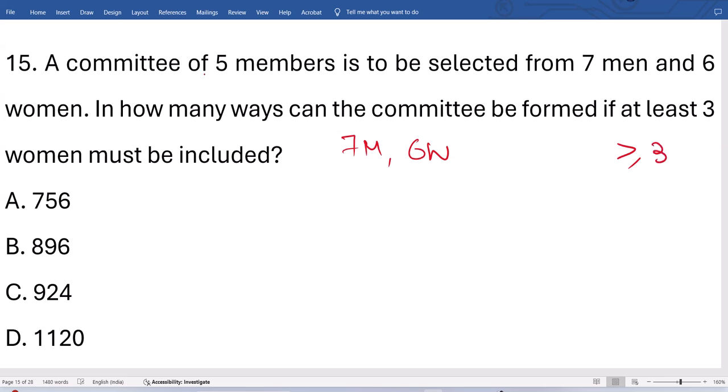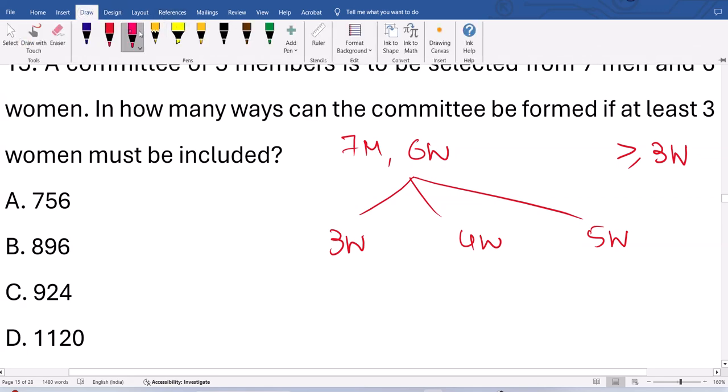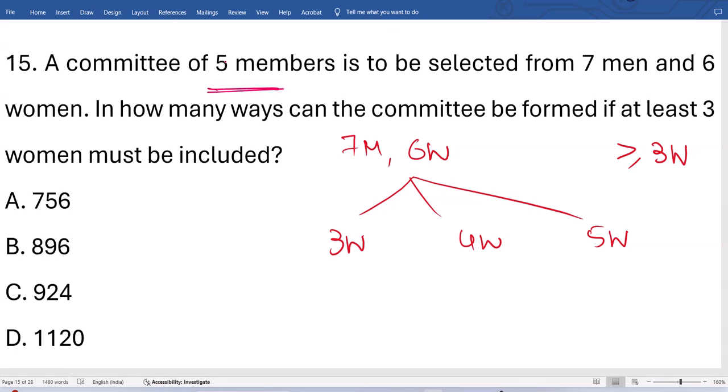At least means minimum. Minimum 3 women required. So minimum 3 women required means 3 women, 4 women, 5 women. Why not 6 women? Because the committee strength is maximum 5 only.